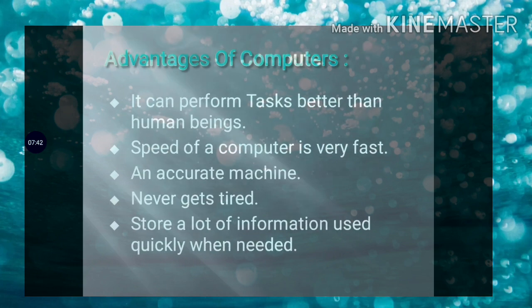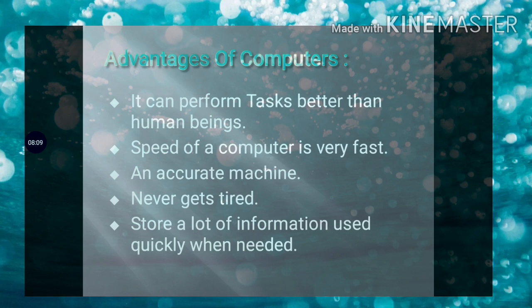Then, advantages of computers. In this session we discuss one more thing, the advantages of computers. It can perform tasks better than human beings. The speed of a computer is very fast compared to us. It is an accurate machine.